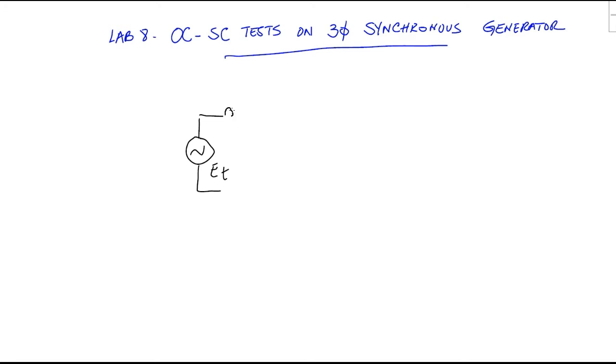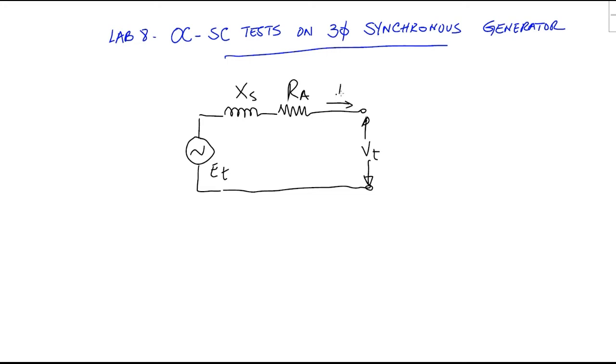The reactance of the synchronous generator, the armature resistor RA, and the voltage at the terminal of the generator. It is a single phase equivalent circuit. So VT will be induced in between those two terminals, and the current will be represented by IA.